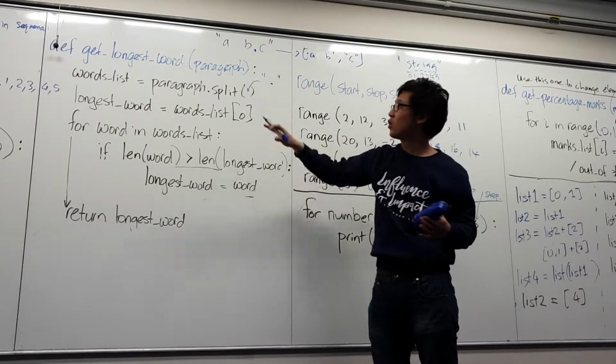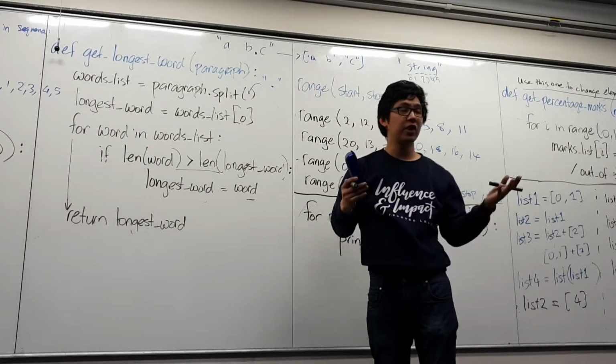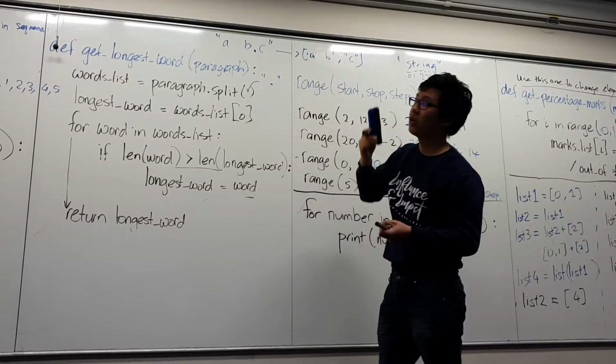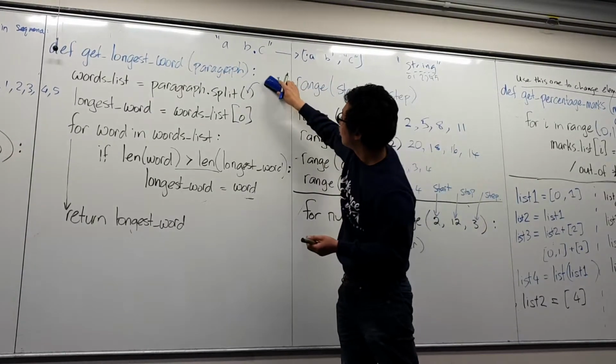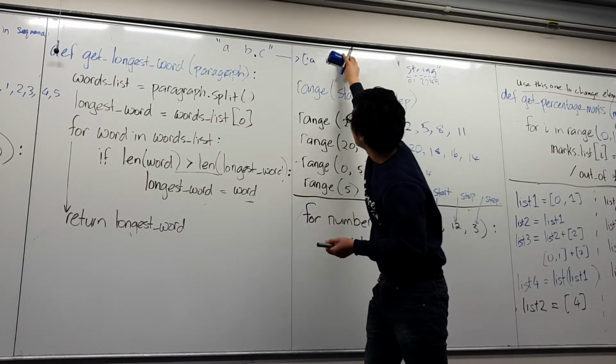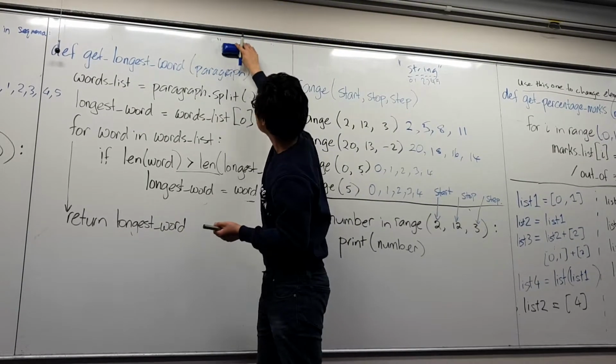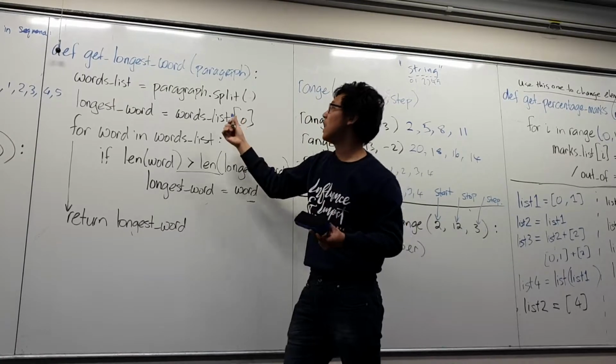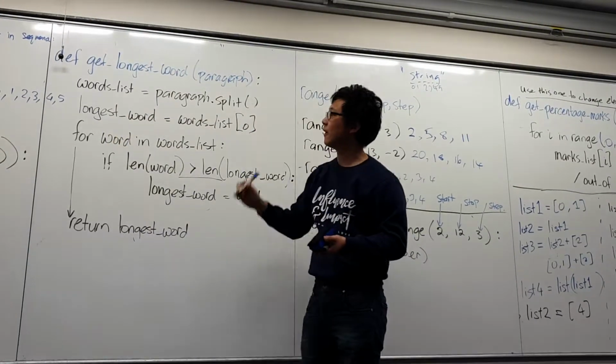So if you want, you can control what you split your string up into, and that will make the elements in your list. But for most intents and purposes, you're probably just going to want to split it up by the white space anyway. So with that happening, you now have a words list based on your paragraph.